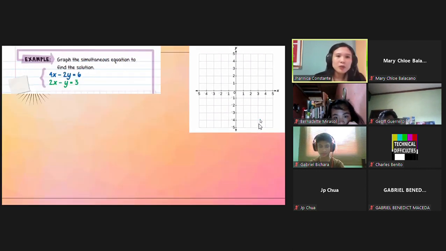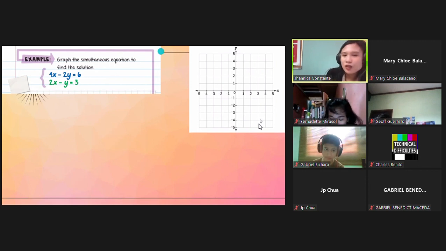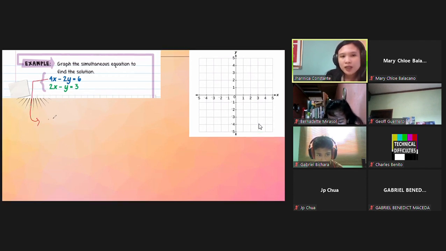Okay, so another example for the simultaneous function. For example, we have 4x minus 2y equals 6 and 2x minus y equals 3. Let's rewrite these equations into slope-intercept form. We will have negative 2y equals negative 4x plus 6. Divide both sides by negative 2.